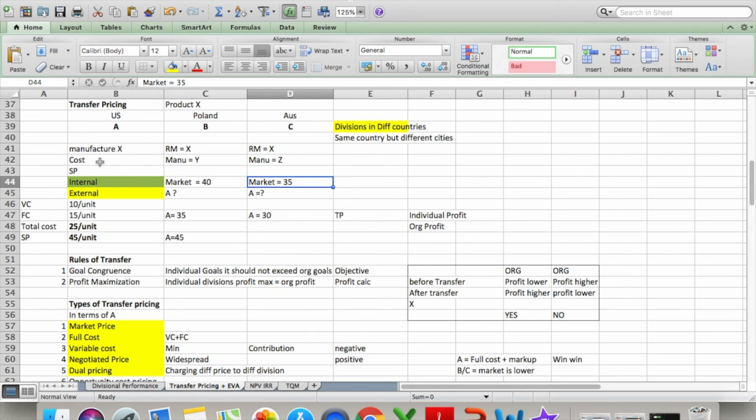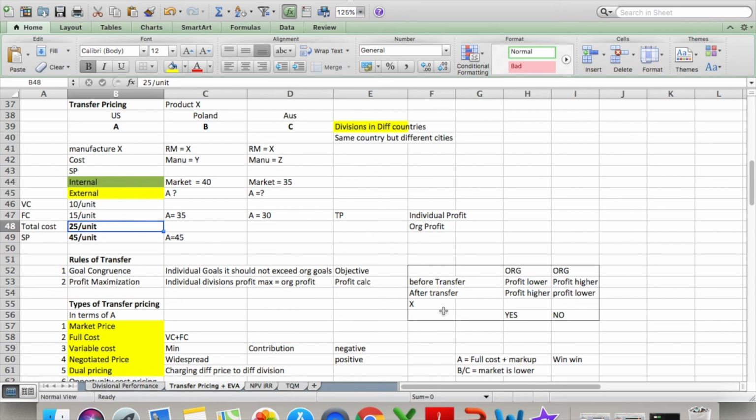But it's not going to be profitable to A because A's profit margin goes to 0 if it sells the product at the same price that it cost A. That means A is not making any profit out of it.